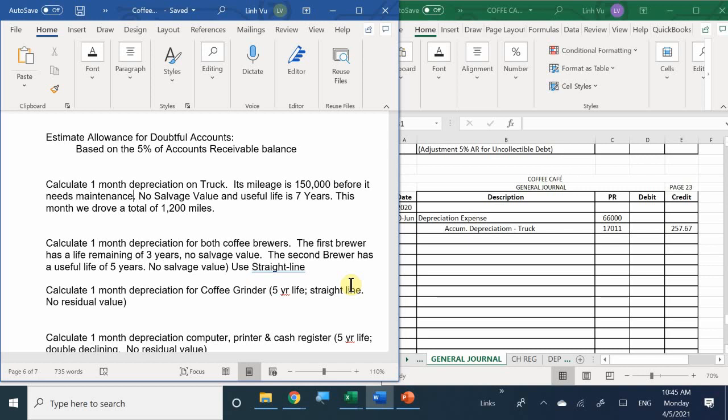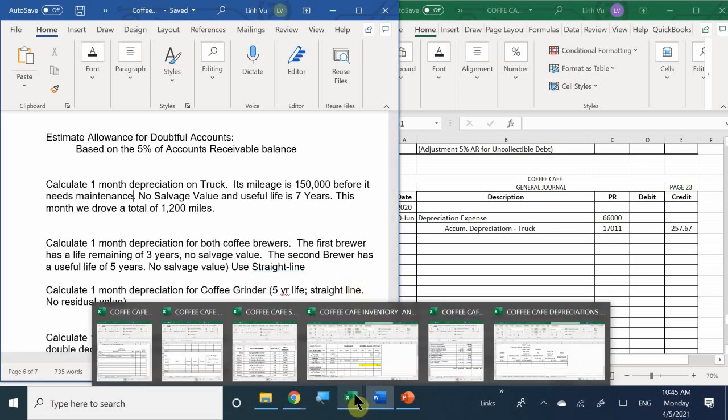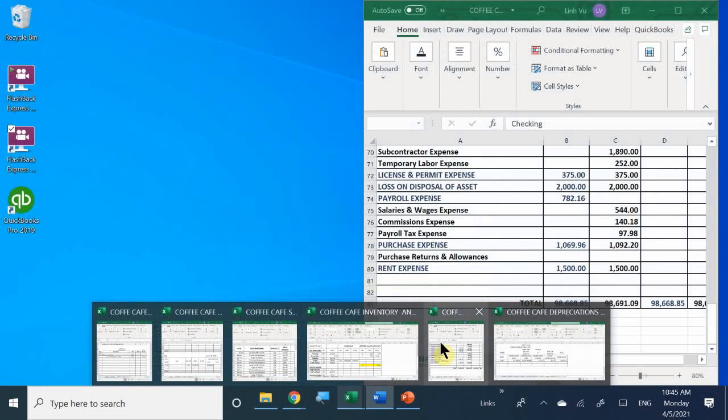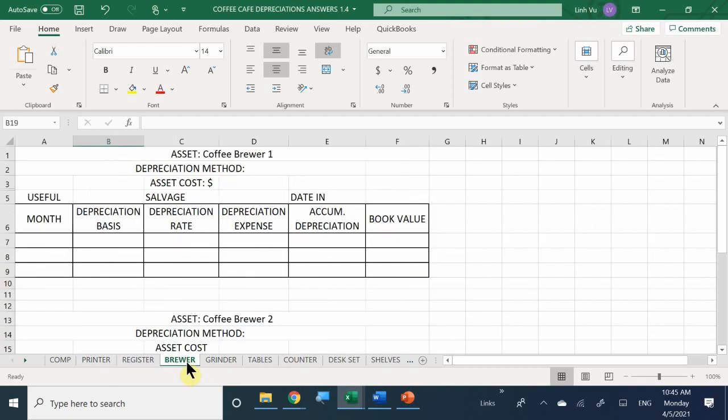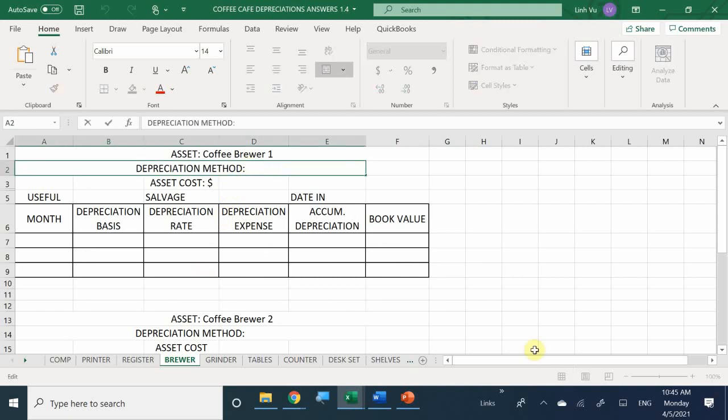So let's go ahead and take a look at our depreciation table, and we're going to locate our brewers. I think my brewers are going to be over here. All right, printer, register, brewer. Once again, I know for sure that we are doing straight line.